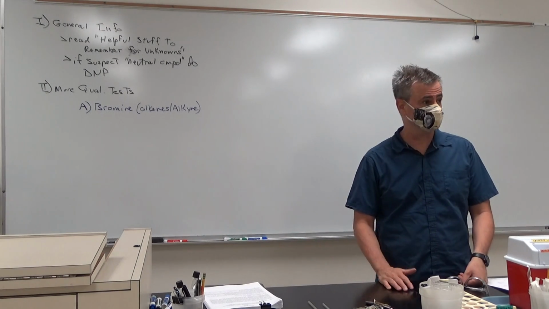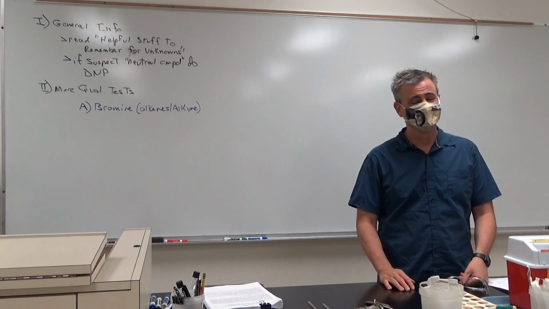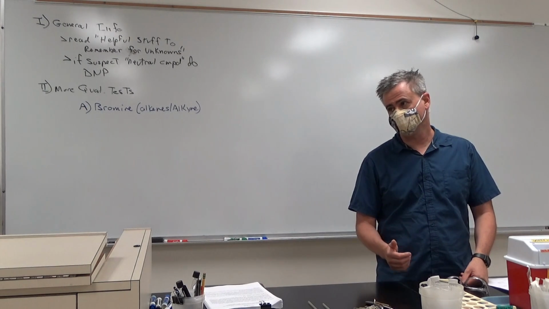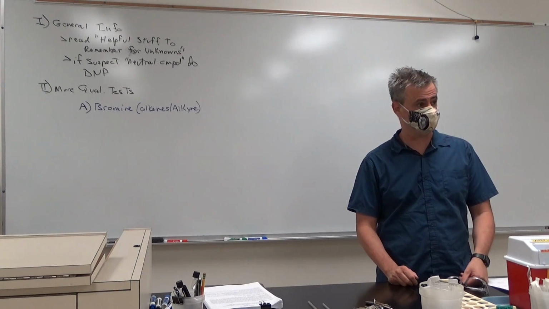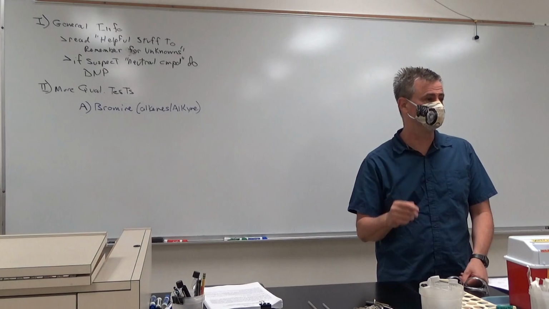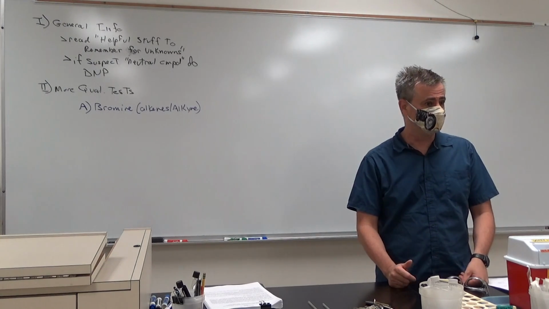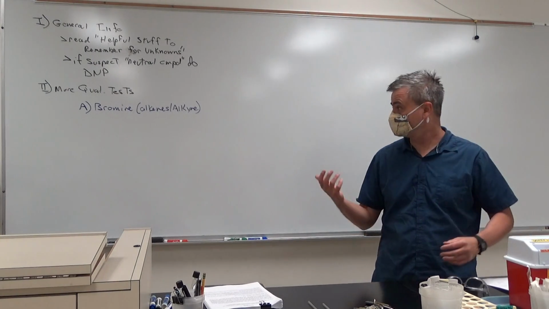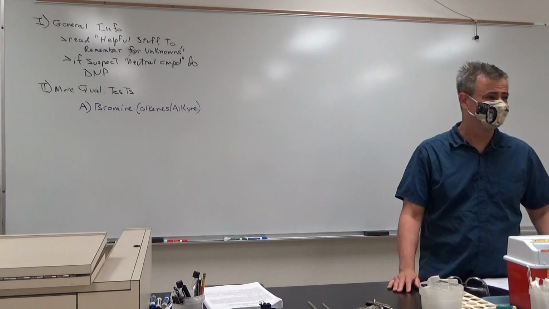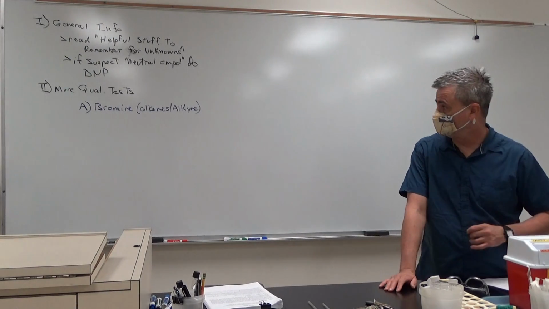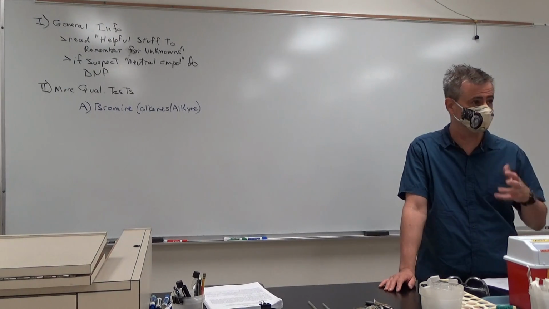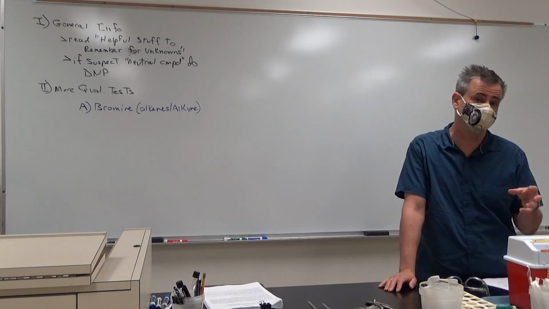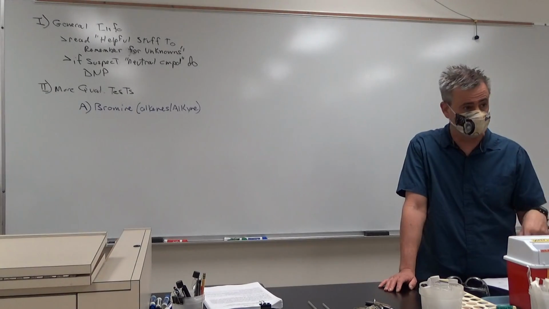Bromine has a couple of false positives, including the primary one, and some people don't even call it a false positive because you still gain some information from it. First of all, it's for alkenes and alkynes. A bromine solution has a very dark reddish brown color, and you add it.